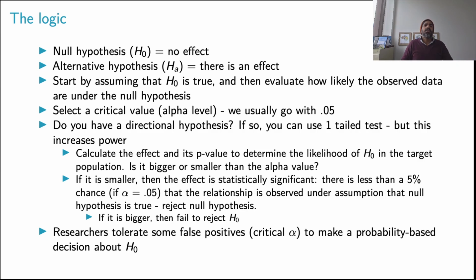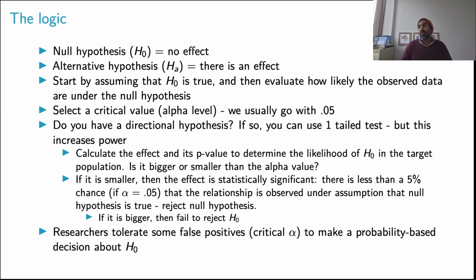So what you do is you calculate the effect and its p-value to determine the likelihood of the null hypothesis in the target population. Is it bigger or smaller than the alpha value? If the p-value is smaller than 0.05, then we say that effect is statistically significant. There is less than a 5% chance that the relationship is observed under the assumption that the null hypothesis is true, so we reject the null hypothesis.